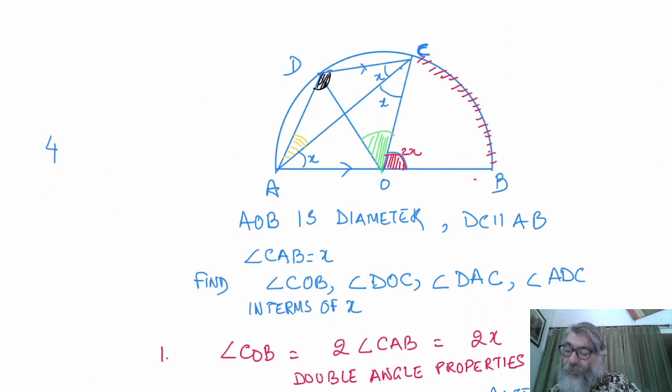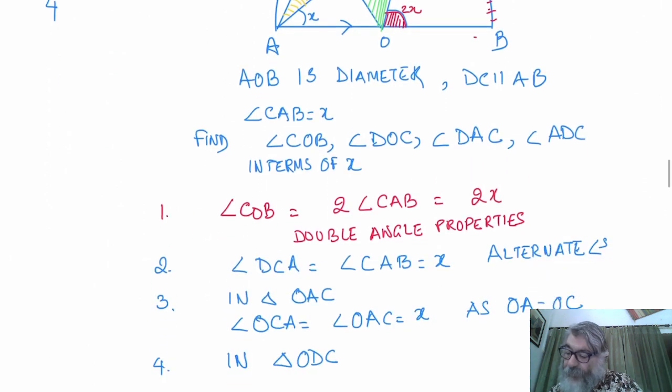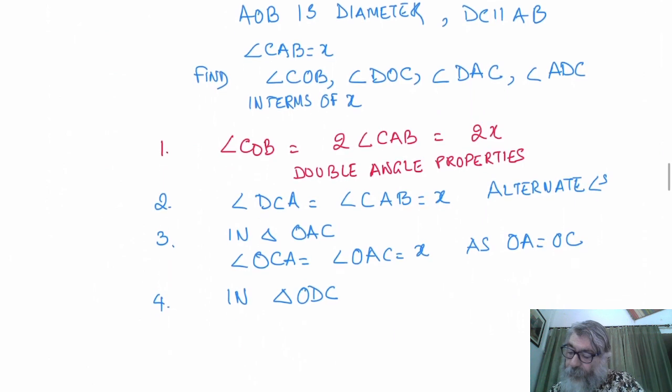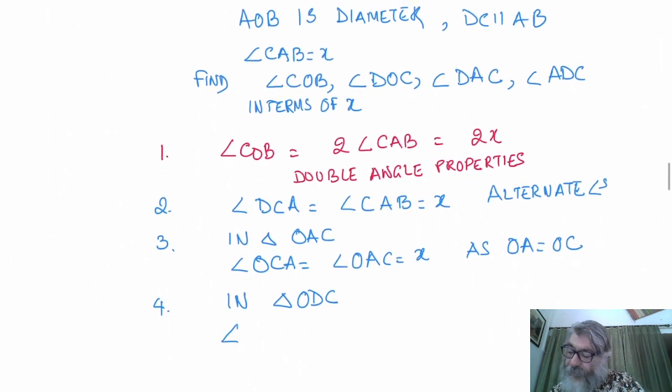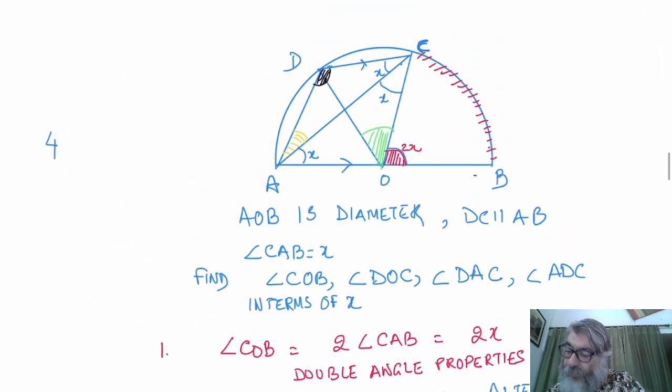Is that so or not? Okay, let's see that. ODC is equal to OCD, which is 2x. This complete angle is x plus x, so this will be 2x as well.